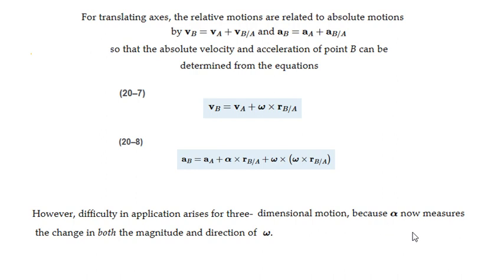This is a little bit hard for you because we're doing three-dimensional motion, and sometimes you have some issue trying to deal with the small changes, because your angular acceleration is going to measure your magnitude, that's a value, and also the direction.